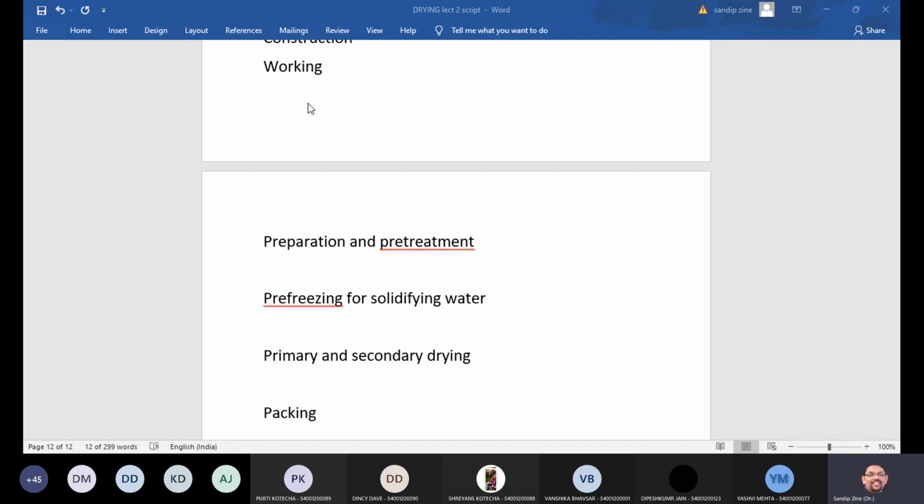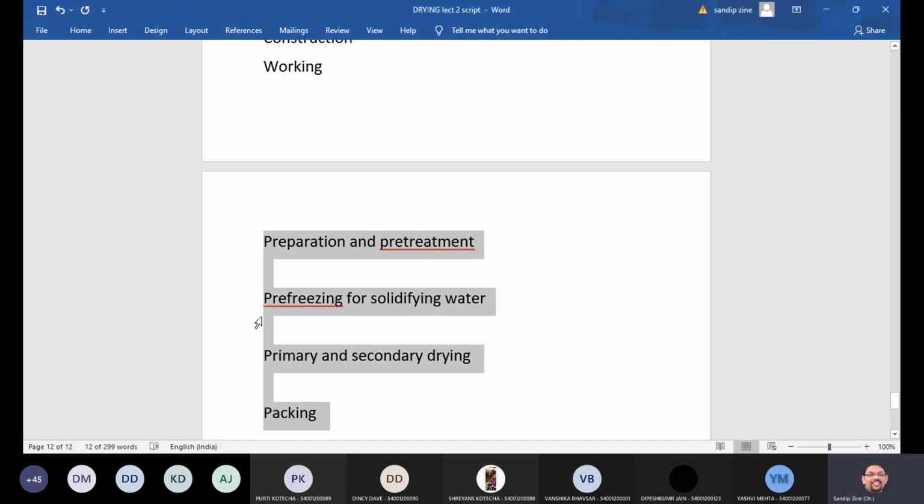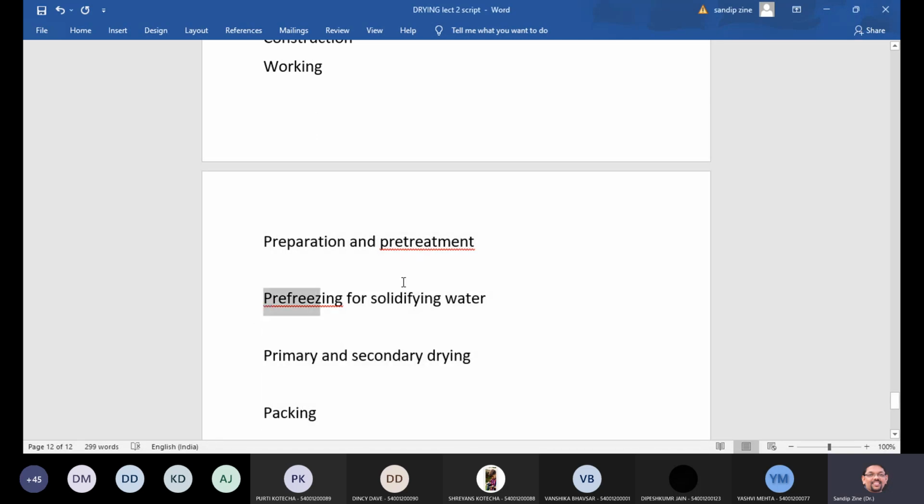In pre-freezing, the second step, whatever we have written over here, that is pre-freezing for solidifying water. Here we can say the product should be frozen at a temperature low enough to solidify completely. And since freeze drying is a change in the state from the solid phase to the gas phase, the material to be freeze dried must first be adequately pre-frozen.